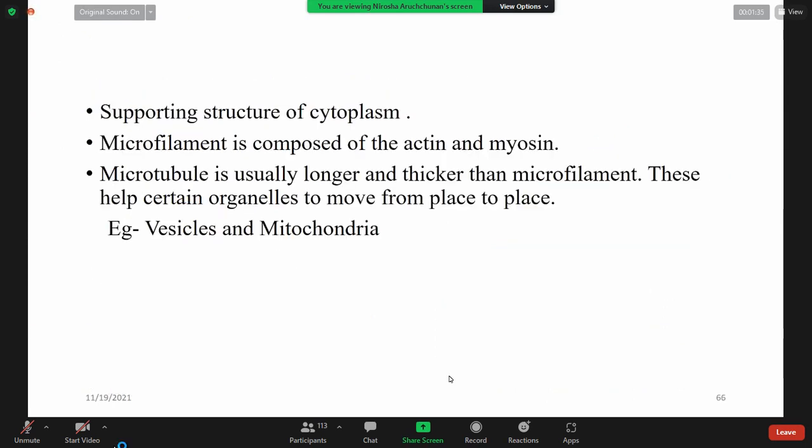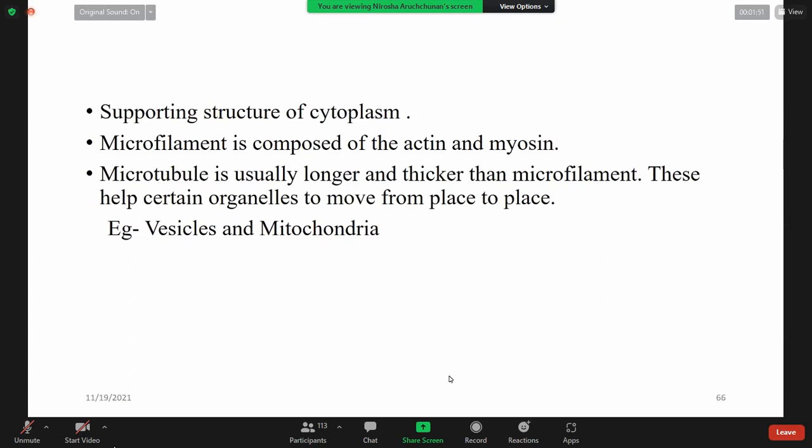Further, it supports the structure of the cytoplasm, which we said is like a fluid substance, and how it's supported by the cytoskeleton.